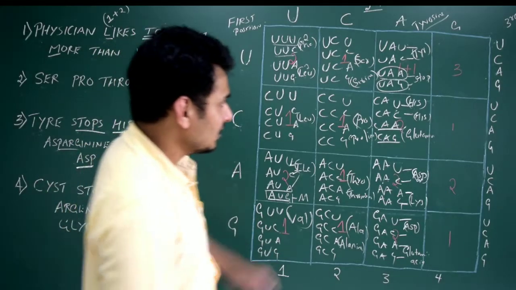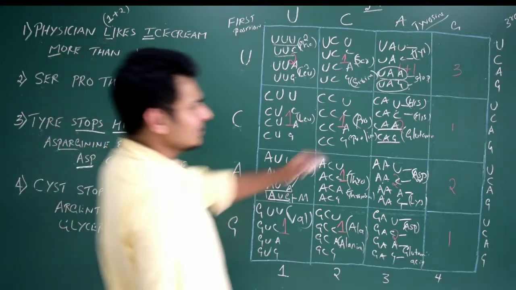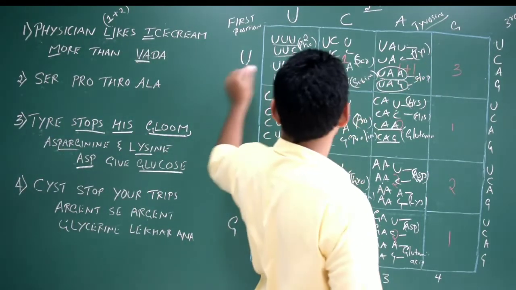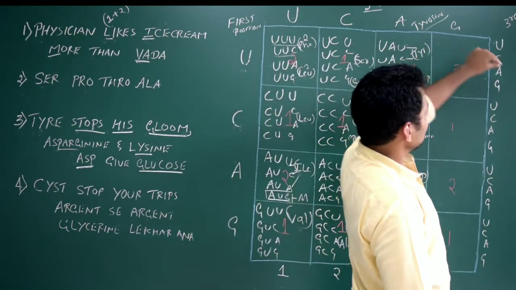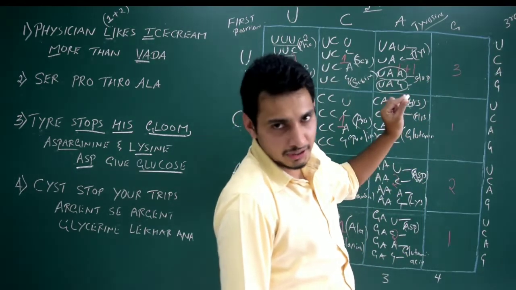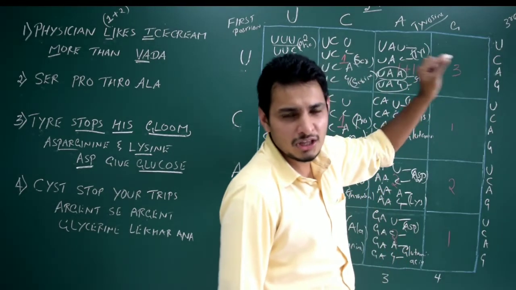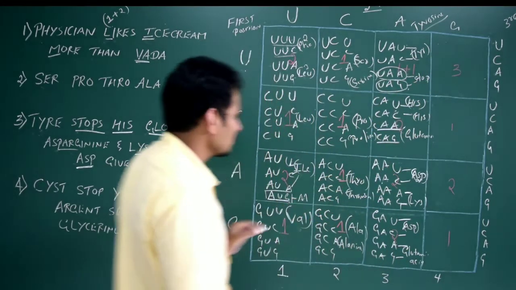Fourth line: 3, 1, 2, 1 is the amino acid pattern. But here we are sure that when UGA comes, it is obviously a stop codon. So 3 minus 1, there will be 2 amino acids. We will see that.